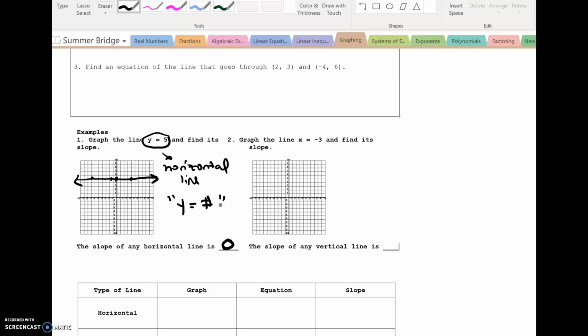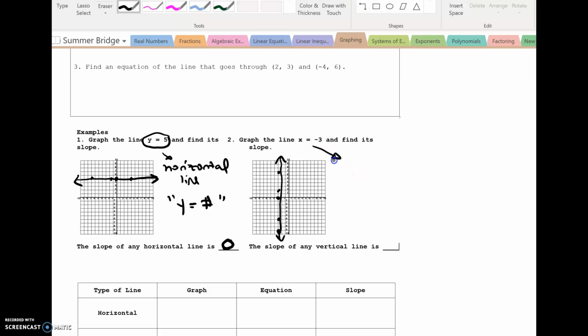Now let's take a look at the next one. Graph the line x equals -3. Well, when is x equal -3? -3 is right here. Okay, and where else will x equal -3? Well, it's going to equal it down here, and up here, and there. Pretty much anywhere along this vertical line. Let's pretend that that's actually a really nice vertical line. I realize that it is not.